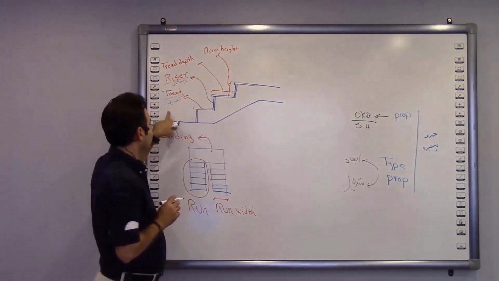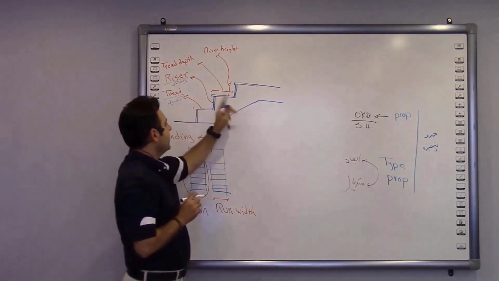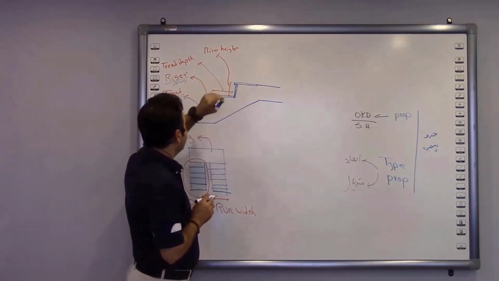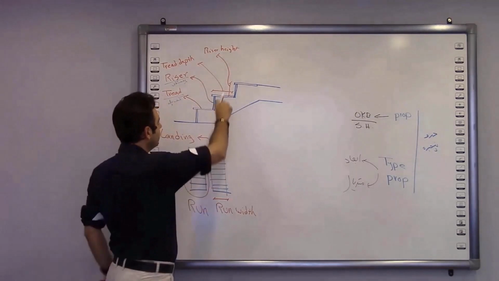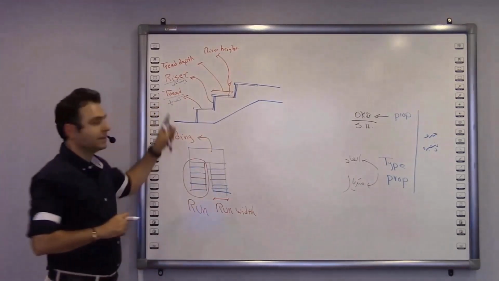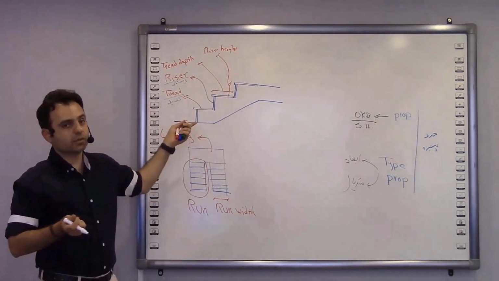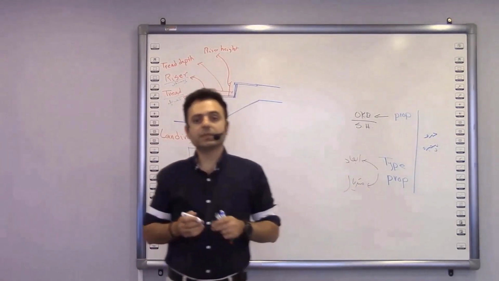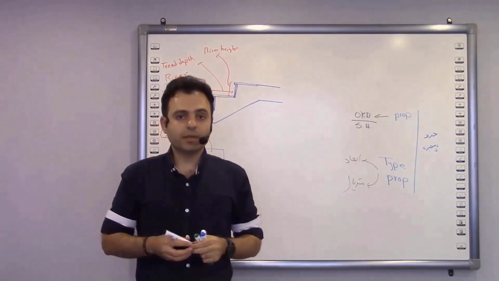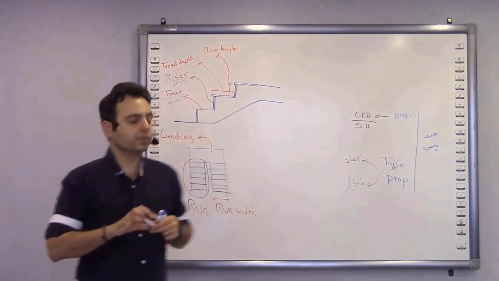Tread depth, the size or depth of the tread. And the height of each stair is called the riser height. You actually need to know these expressions and words, because if you don't, when we want to go for the properties and type properties of the stairs, you cannot recognize them.